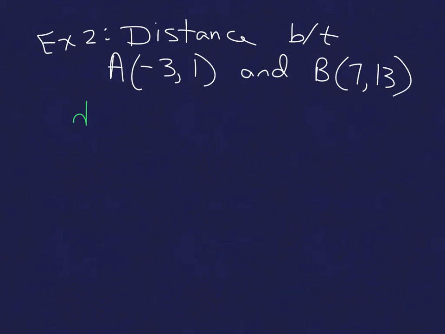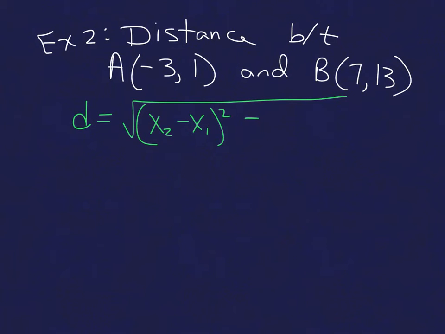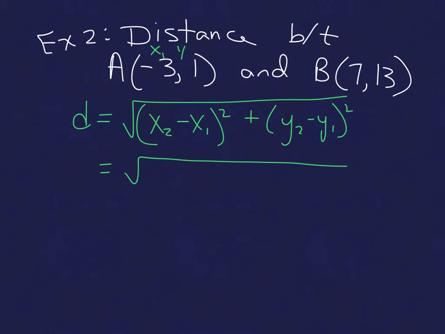So we start the exact same way. Let's write down this distance formula. So the square root of the difference of your x's squared plus the difference of your y's squared. Okay, so let's label A as x1, y1, and let's label B as x2, y2.